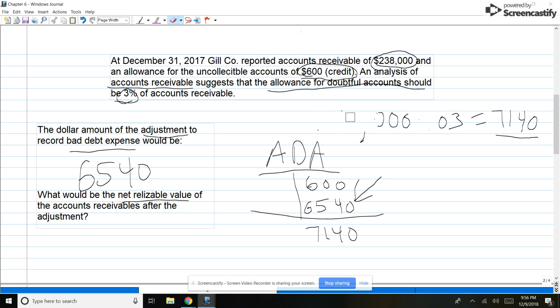Now let's go over why that is and what the transaction is going to look like. The reason the 7,140 goes at the end is that's the number they don't think they're going to be able to collect in 2018, because remember, they're doing this at the end of 2017.